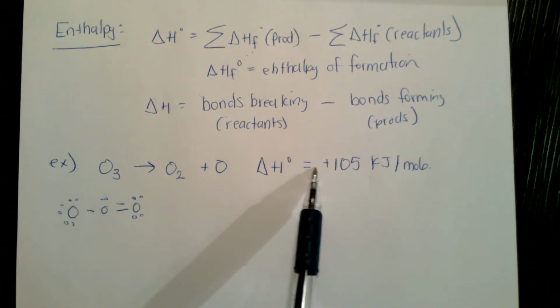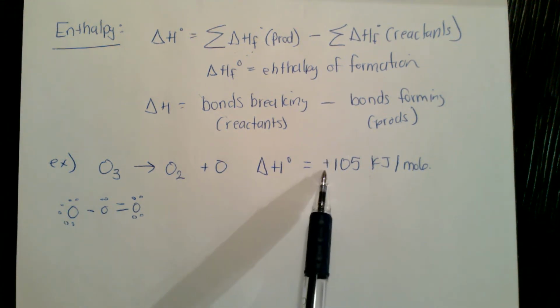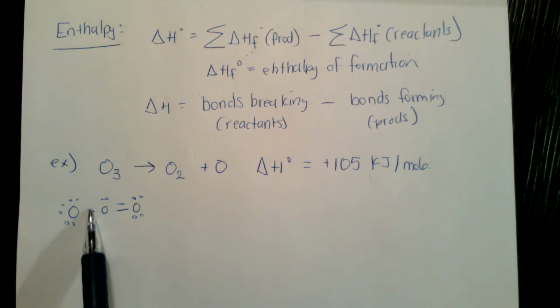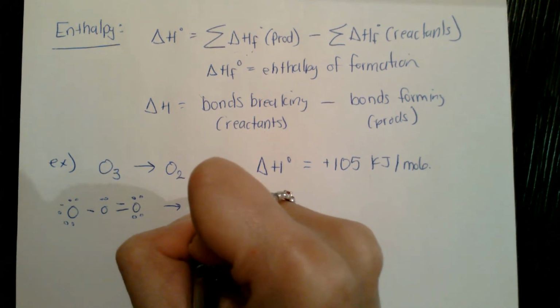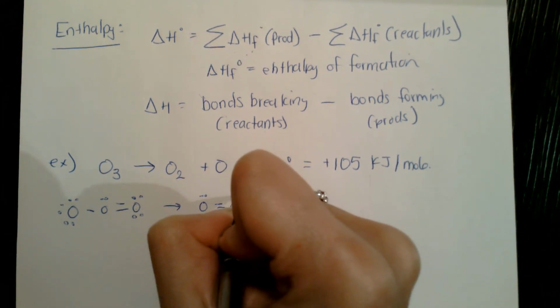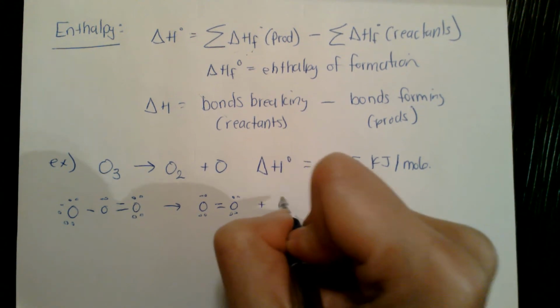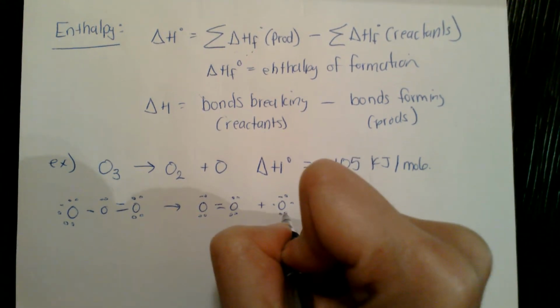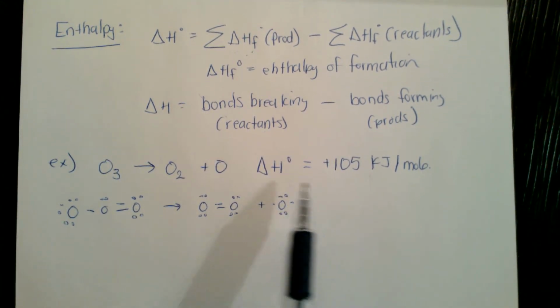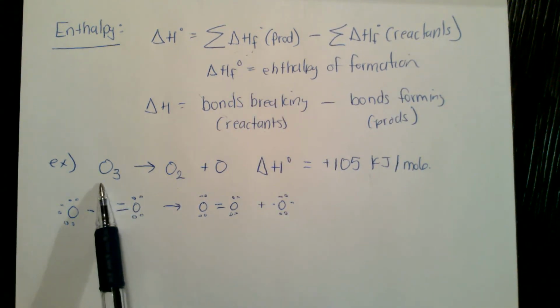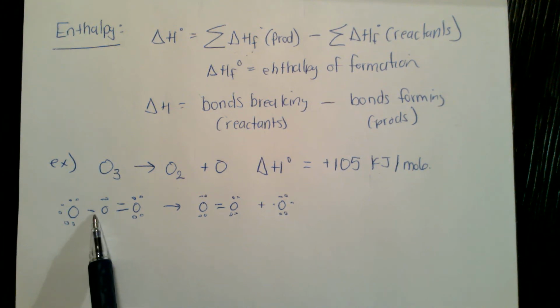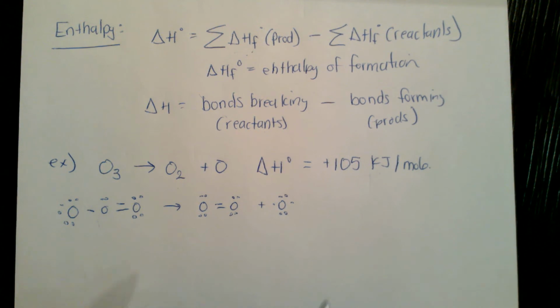It requires energy to break bonds, which is why it's positive. Really the only thing happening here is this bond being broken. When that happens, we get molecular oxygen and atomic oxygen, our 2 products. Again, we could calculate the enthalpy this way: if we looked up the energy required to break this bond, we could get there that way.